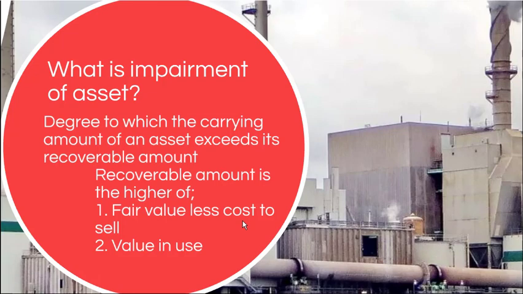Recoverable amount is the higher of fair value less cost to sell and value in use. So if the carrying amount of an asset, that is cost minus accumulated depreciation, is greater than the fair value less cost to sell or value in use, then it implies our asset has been overstated.